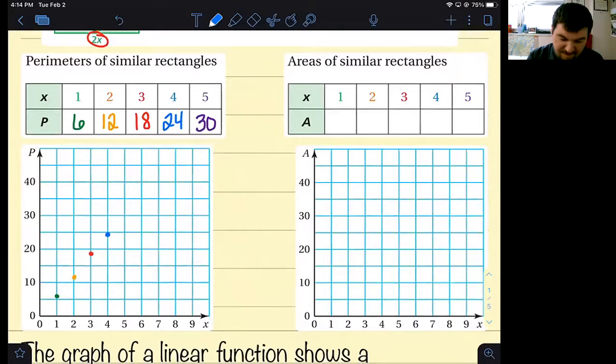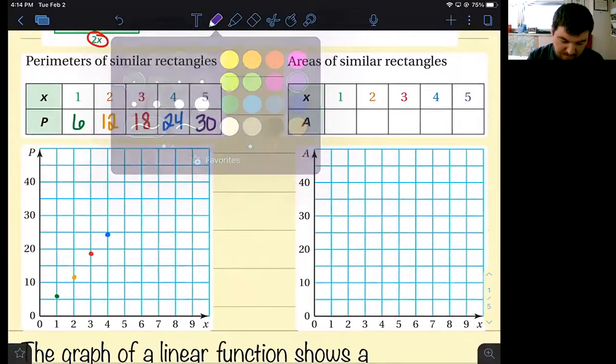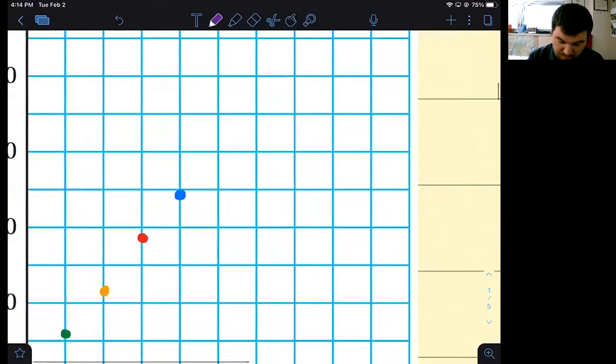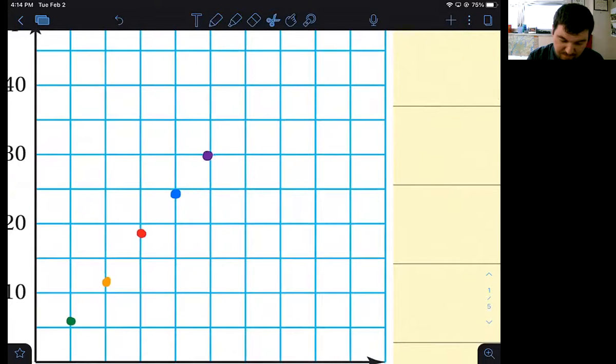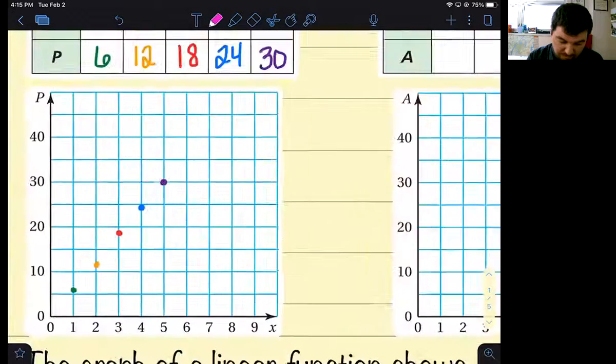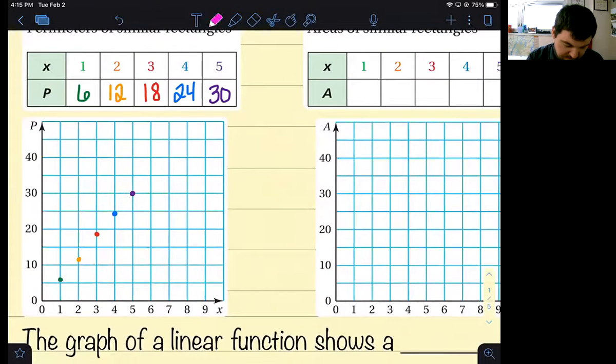And then 5, 30 is going to be the nicest one I have here to plot, which is going to be right there. So when I graph this, you can see the points do line up. So when it asks you if it was linear or not, we know that it is. And obviously it would go through the origin as well.